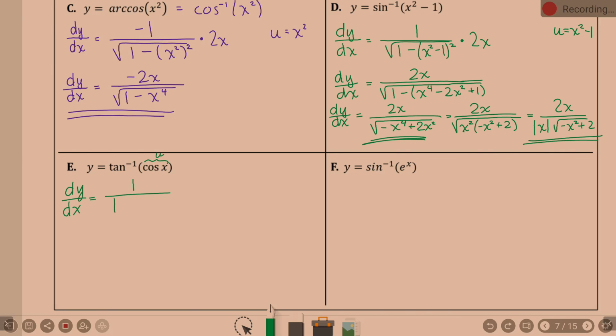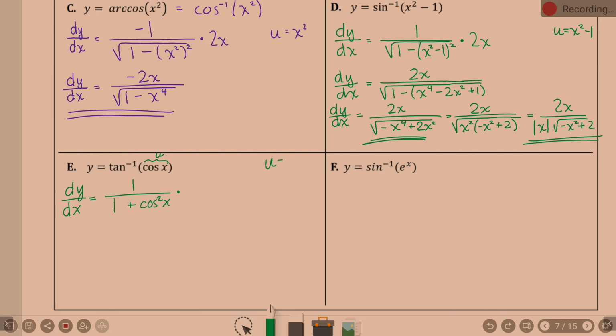It says u prime at top. Realize that represents the chain rule. So 1 over 1 plus, it says u squared. What am I going to use? Cosine x squared. So I'm going to write this as cosine squared x, if you will.